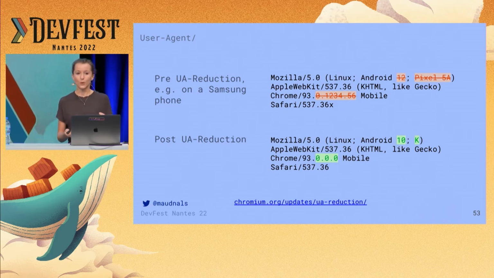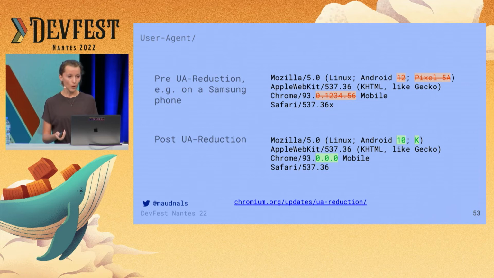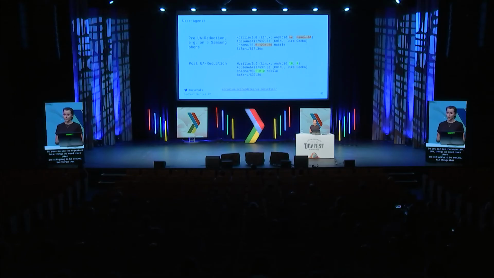And finally, the minor version number of Chrome in that case is also not going to be available anymore. So the important bits, things we need more often, are still going to be around, but things that are a little more detailed and could potentially be used for fingerprinting are going to change.